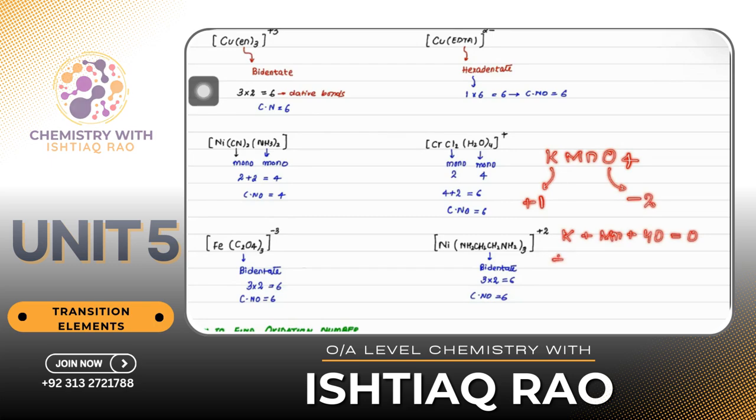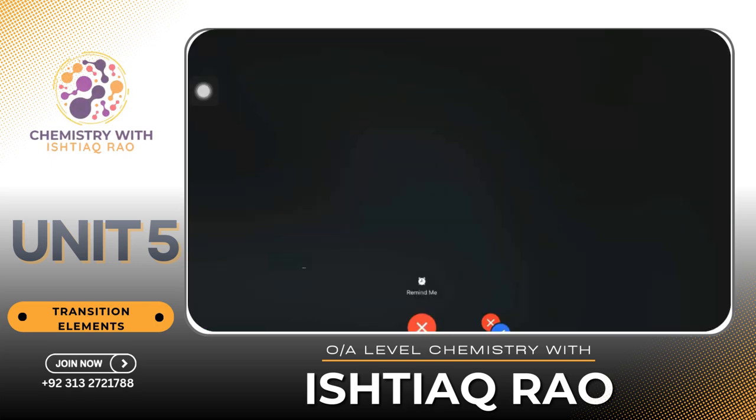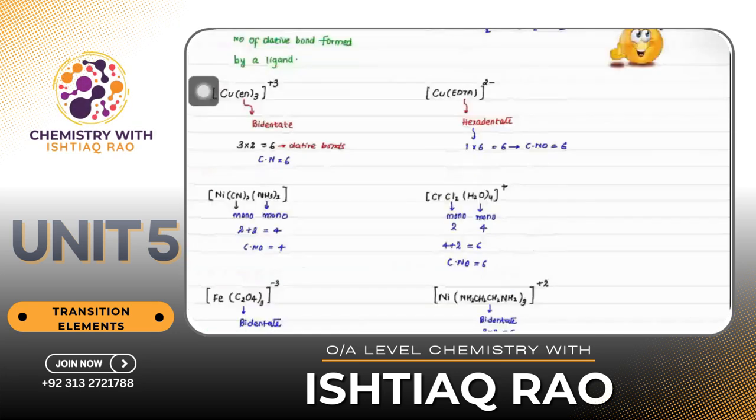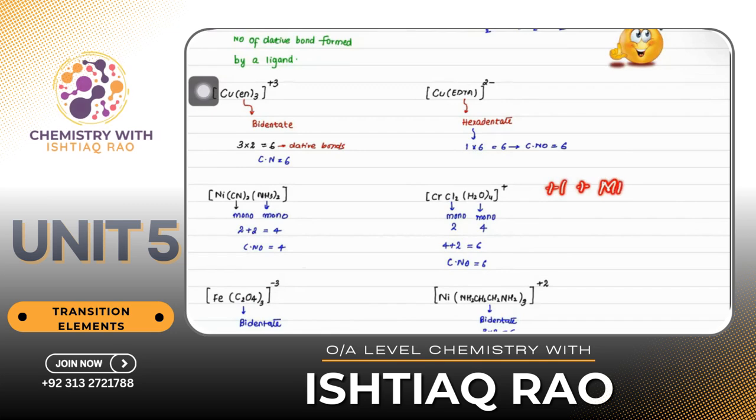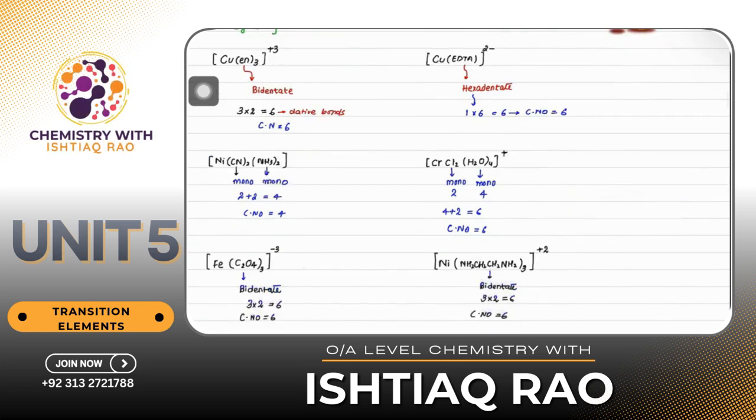K is +1, Mn we have to find out, and each of the 4 oxygens is -2, equal to 0. So Mn would be equal to +7.